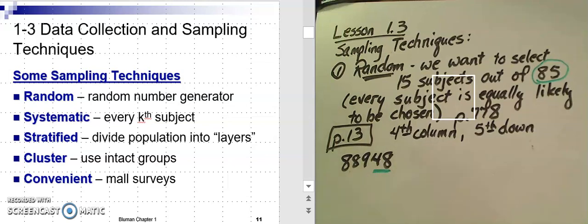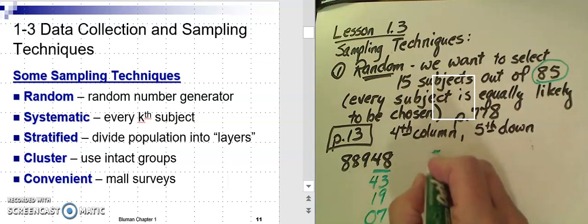To choose the next one, I just go right down the list. Right underneath that one is 43. Okay, and I just keep going right down the column, just the last 2 digits. And I have 19, 07, 27.